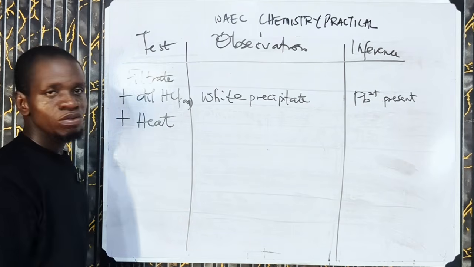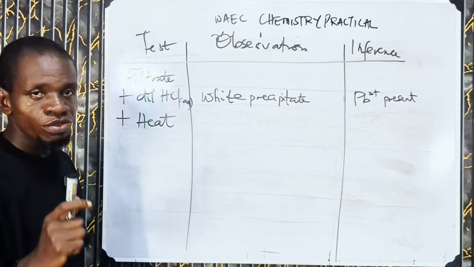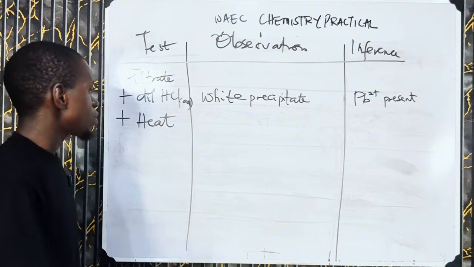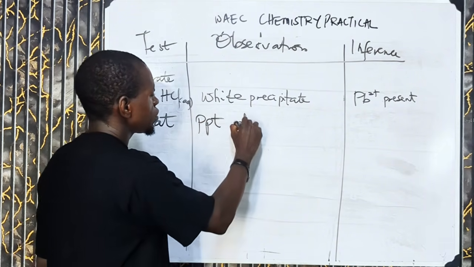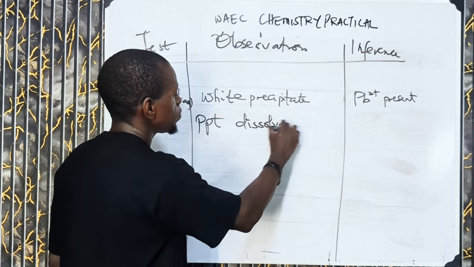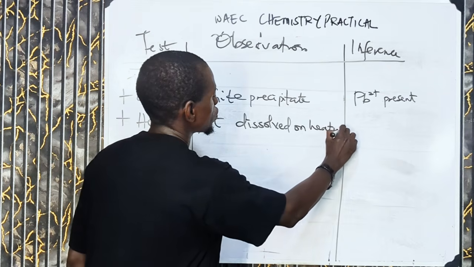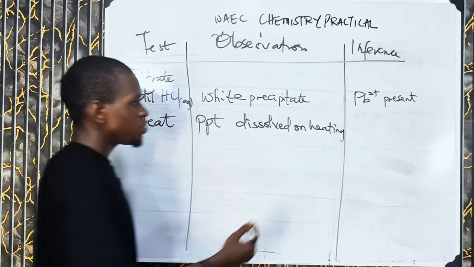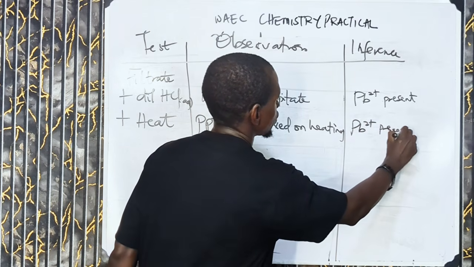So what if you also continue, plus heat? You also heat it. Assuming you are asked for heat, they can use the word heat or they can use the word warm. Now you heat it, what happened now? PPT dissolved on heating. So the PPT will dissolve. It simply means that the lead ion will also be present.